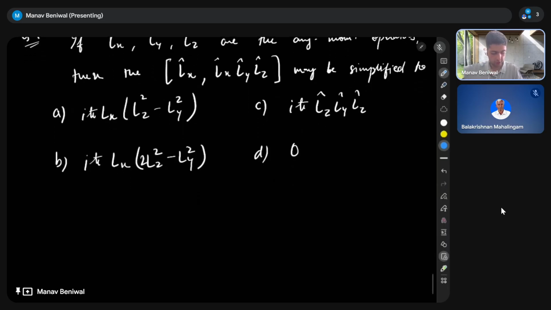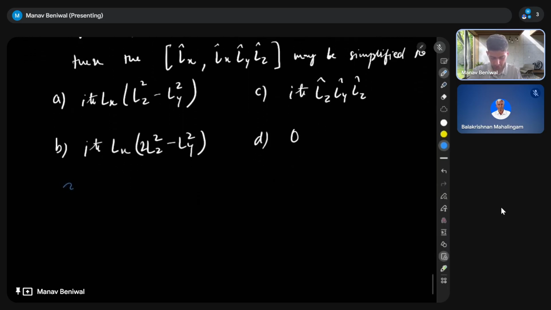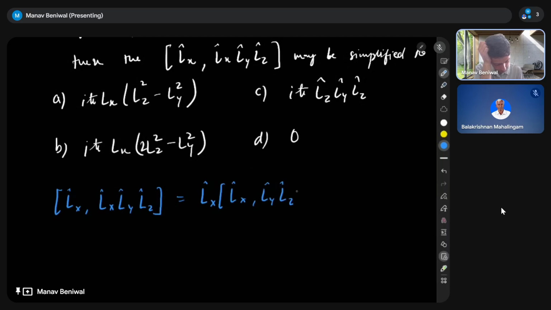Okay, so let's have a look at this commutator. We have Lx and LxLyLz. So using the product rule, firstly we can write this as the commutator of Lx with Lx, times LyLz, plus Lx times the commutator of Lx with LyLz.